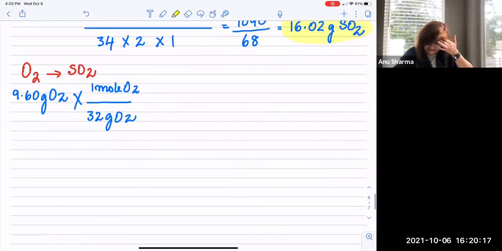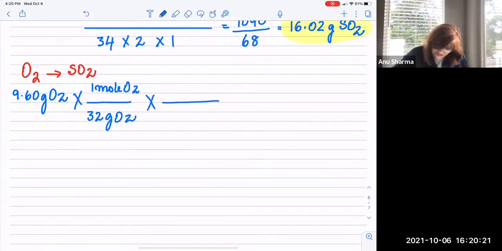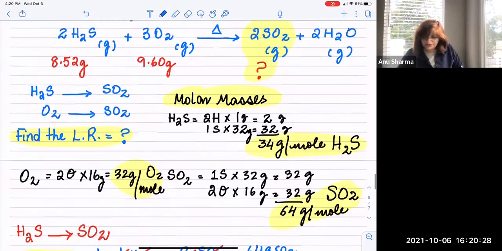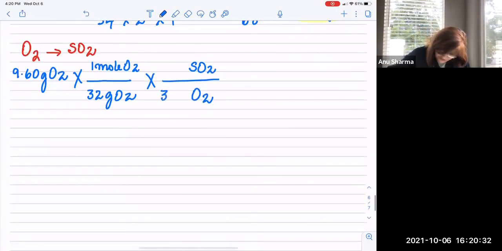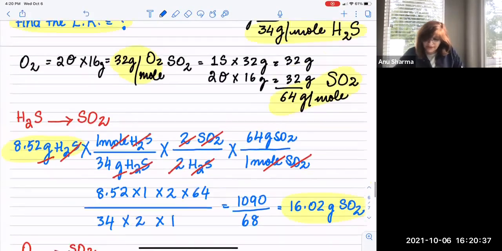Next is look at the mole to mole ratio of oxygen to sulfur dioxide, sulfur dioxide moles and oxygen moles. Look at the equation, and we see that it's a 3:2 ratio: 3 moles of oxygen and 2 moles of sulfur dioxide.